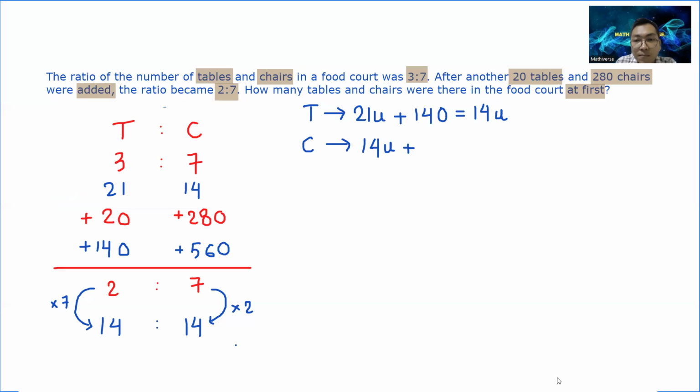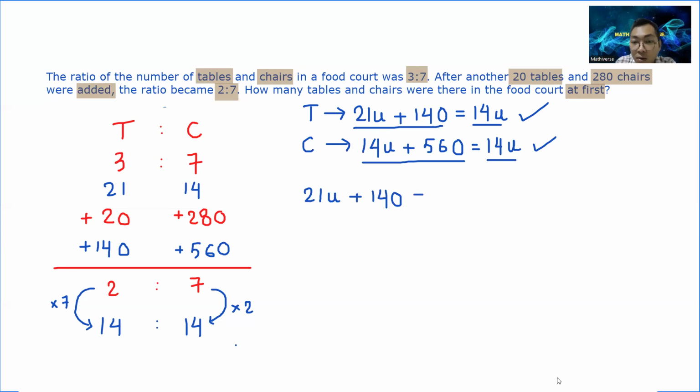If we add 560, the total is 14 units. Look at these two equations. In these two equations, 14 units, same. That's why we can make these two the same too. Are you clear? So that's why 21 units plus 140 is equal to 14 units plus 560.